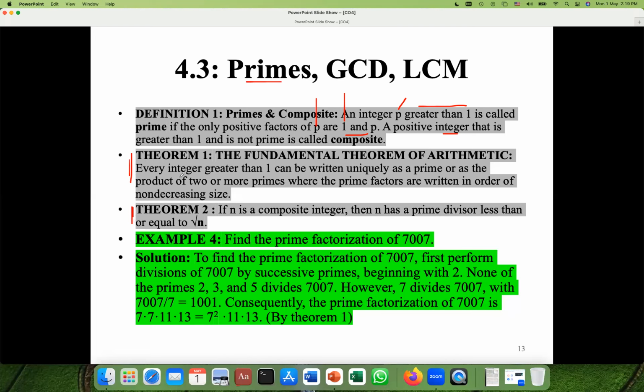Every integer greater than 1, 2, 3, 4, 5, 6, whatever, you can represent that integer simply as a single prime number, or the product of two or more primes.